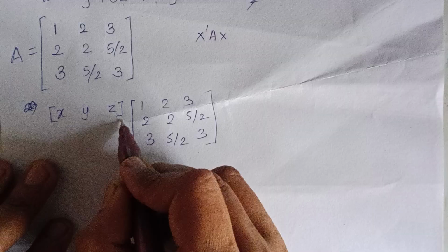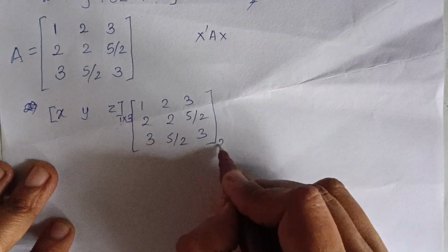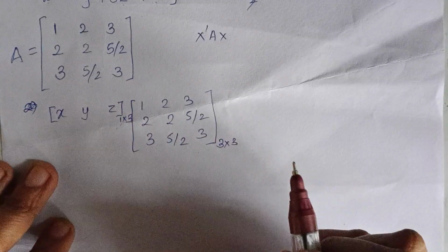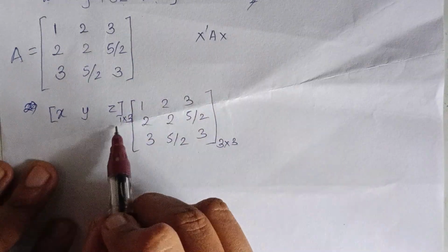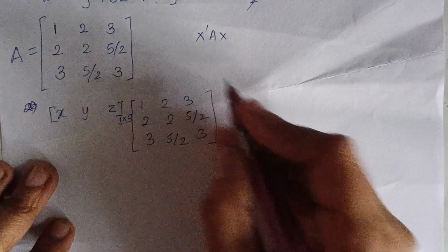The order of this is 1 by 3 and this order is 3 by 3. So the resulting matrix will be of the order 1 by 3, correct?